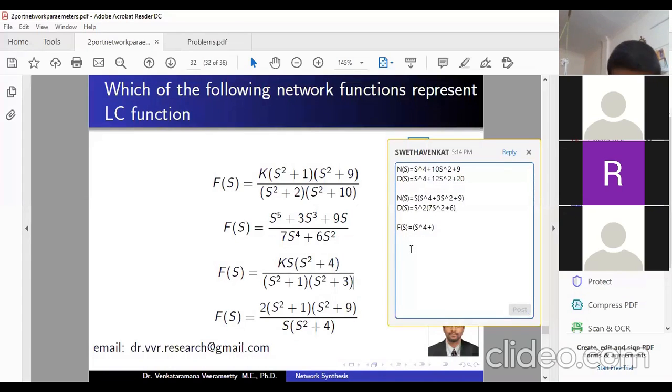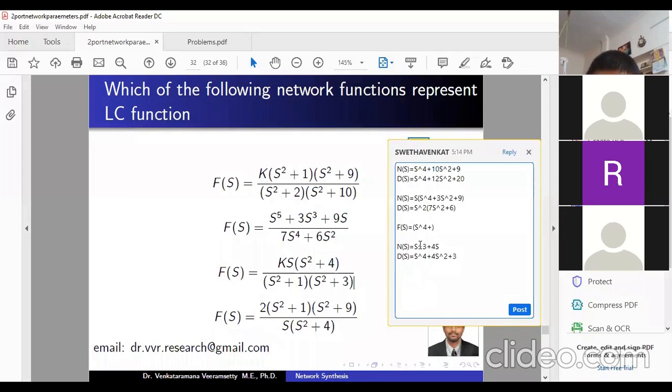Otherwise I will write it here. So n of s equal to s power 3 plus 4 into s. This is odd. And the denominator equal to s to the power of 4 plus 4 into s square plus 3.